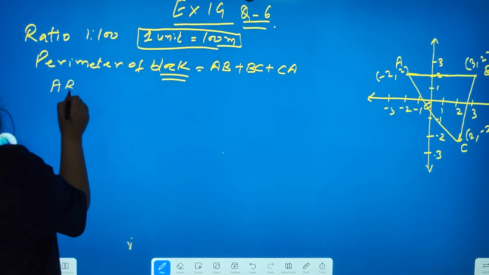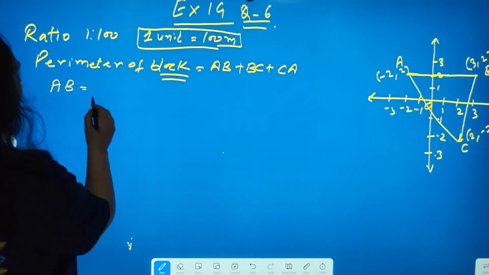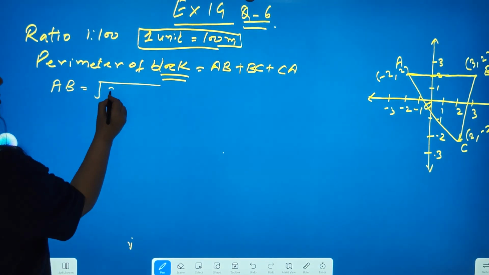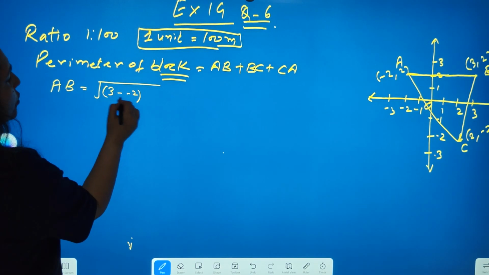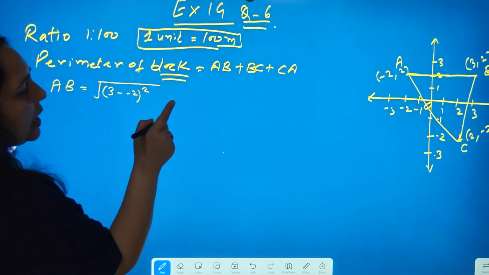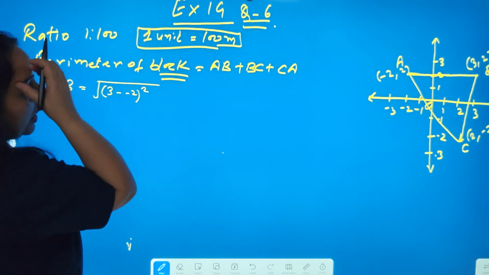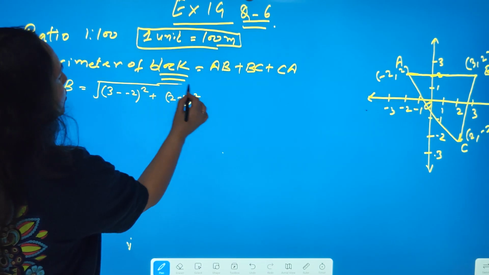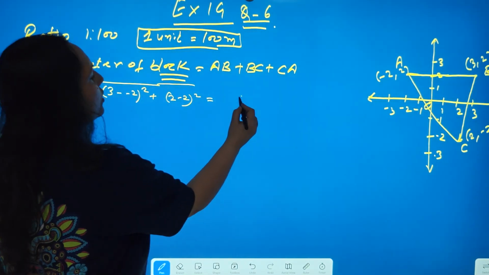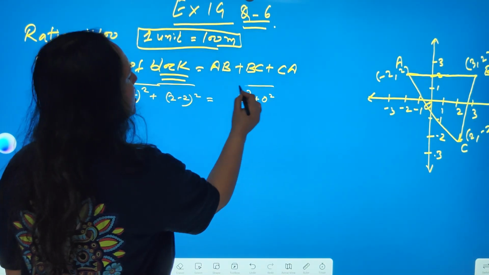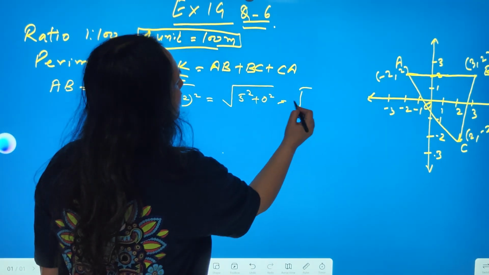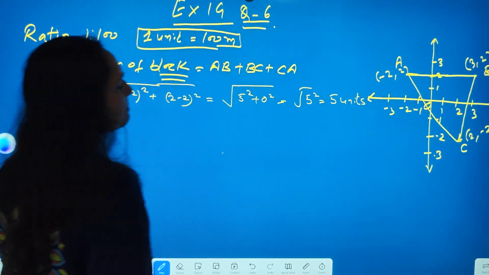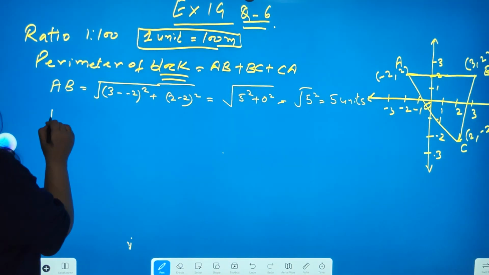AB is equal to, take the coordinates from there, the square root of 3 minus 2 whole square, right? Because x2 minus x1, and the second one is y2 minus y1, that means 2 minus 2 whole square. This is equal to the square root of 5 square plus 0 square, which is equal to 5 units, right? Now find out BC.